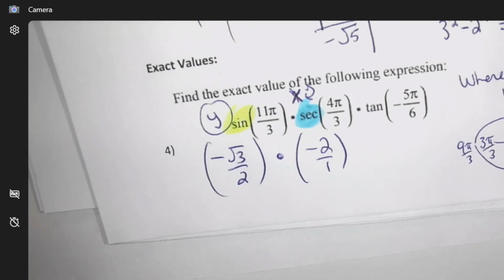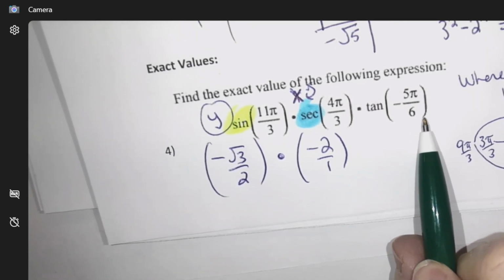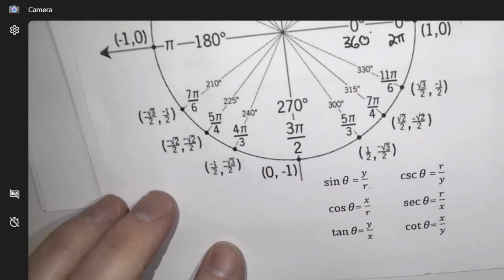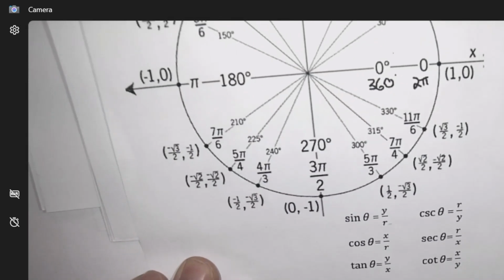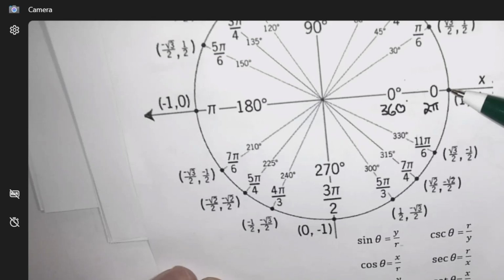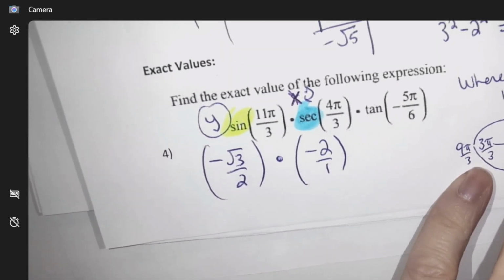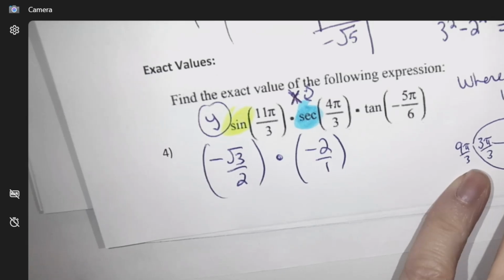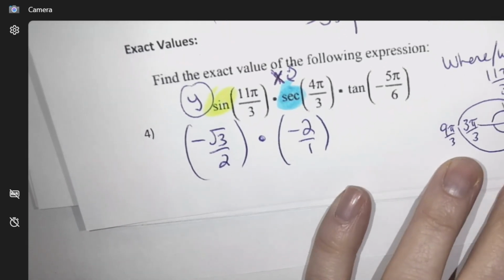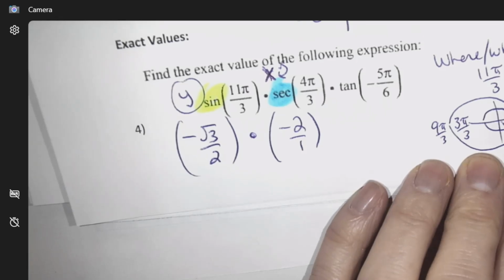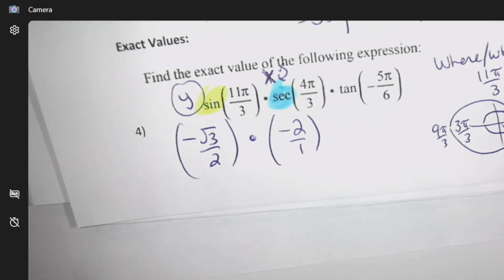And the last one, negative 5 pi over 6. So where do I actually land? Negative 5 pi over 6 means that direction of rotation.